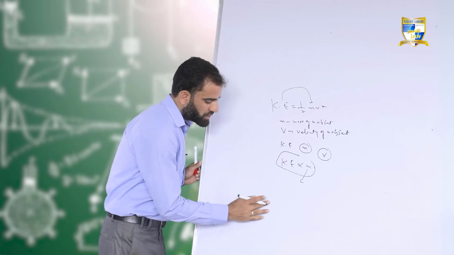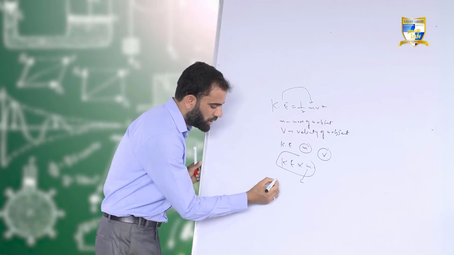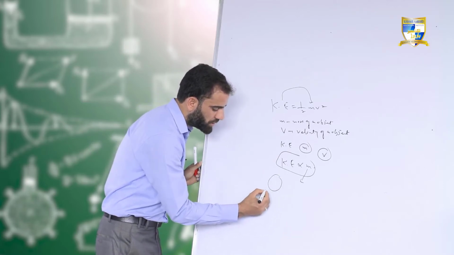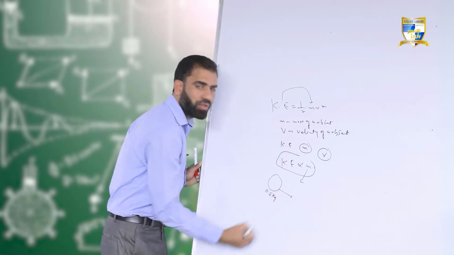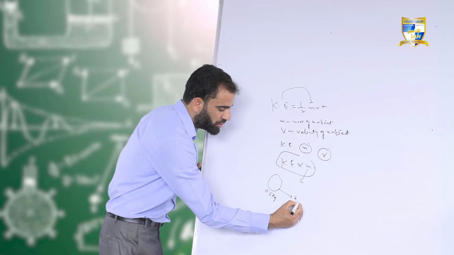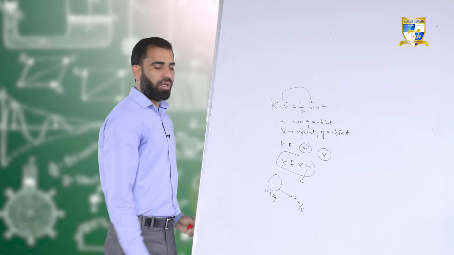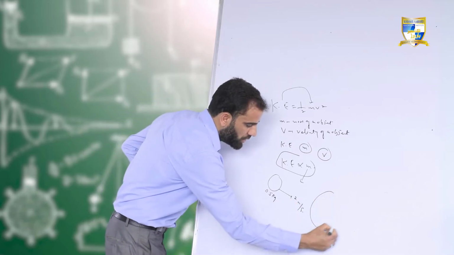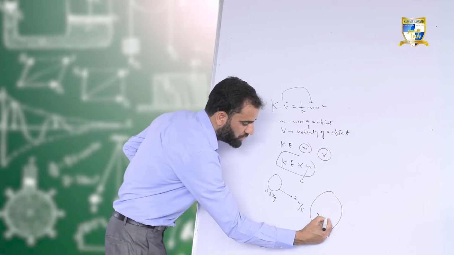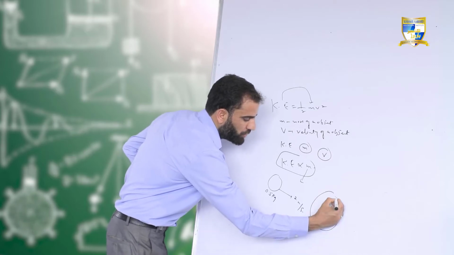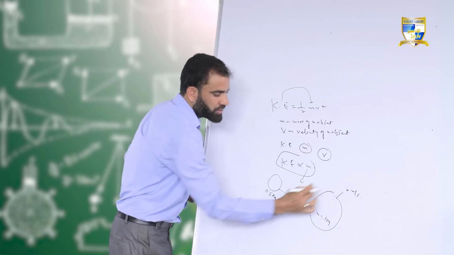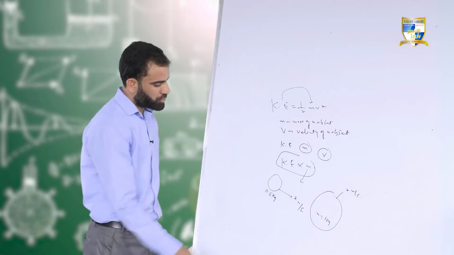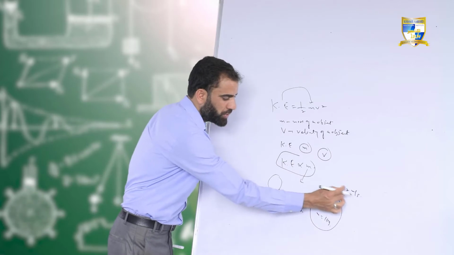Let me take one example here. Let us assume here is a ball of mass 0.5 kg and it is moving with a velocity of 2 meters per second. Another ball here has a mass of 1 kg and it is again moving with a velocity of 2 meters per second. So both have the same velocity, 2 meters per second here, 2 meters per second here.